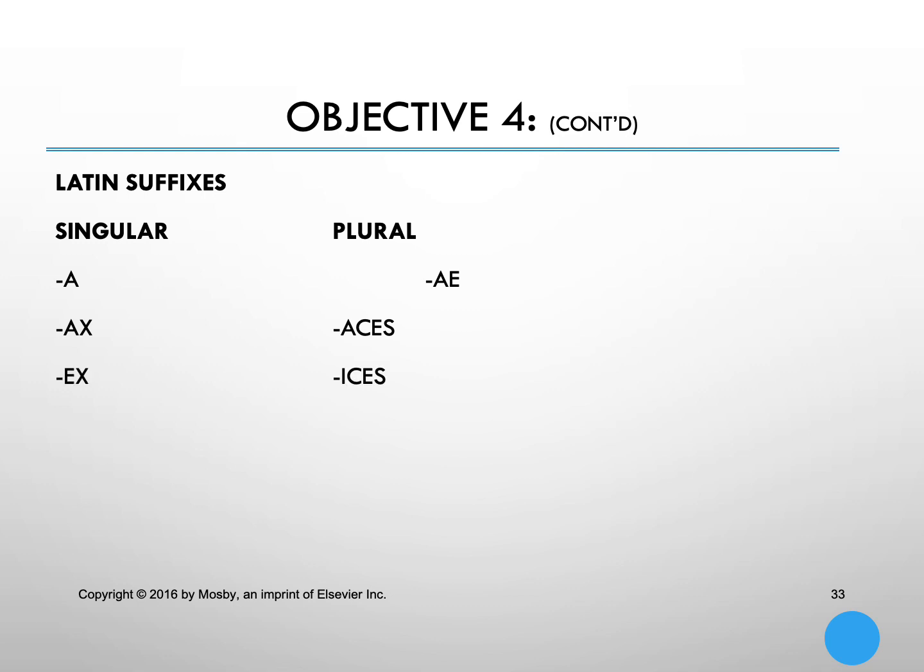EX becomes ICES, IS becomes ES, like metastases, right? Metastasis, one, metastases, more than one. IX also becomes ICES, same as EX. And then UM becomes A at the end. And US becomes I at the end.